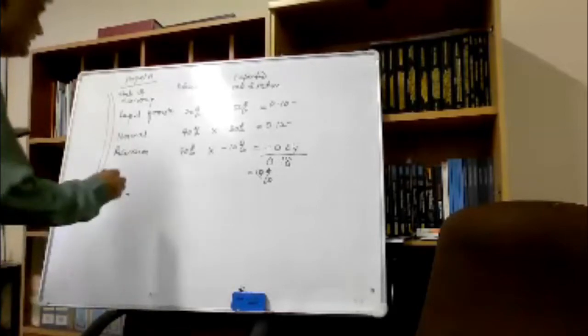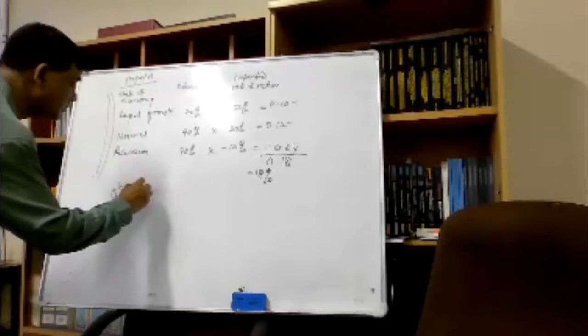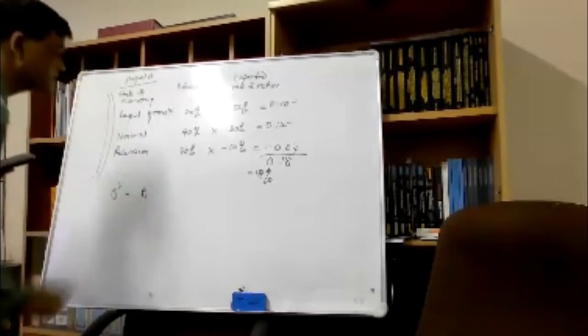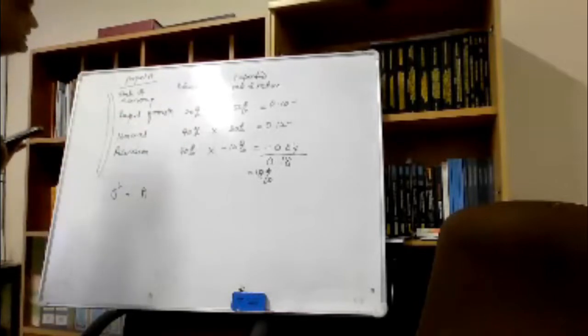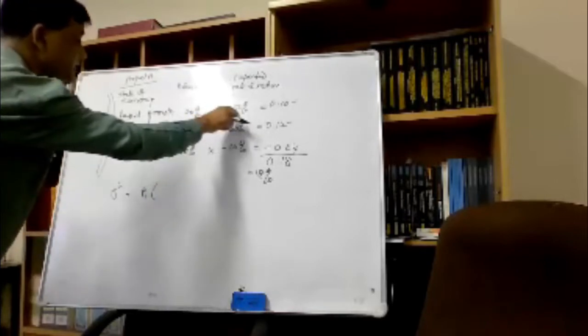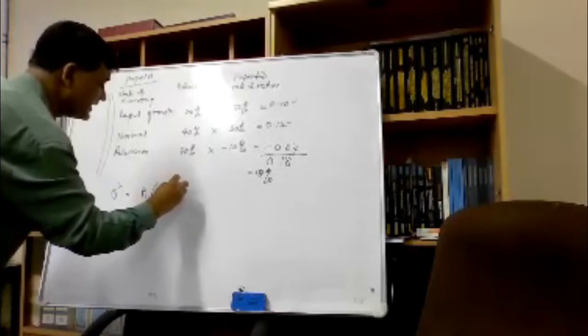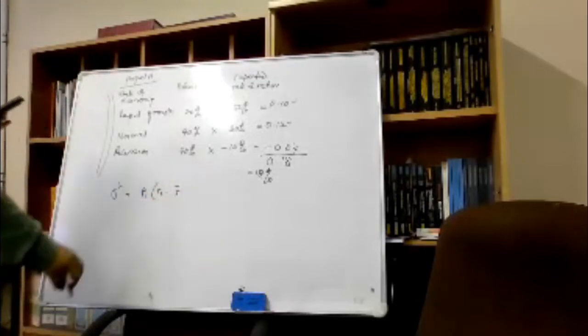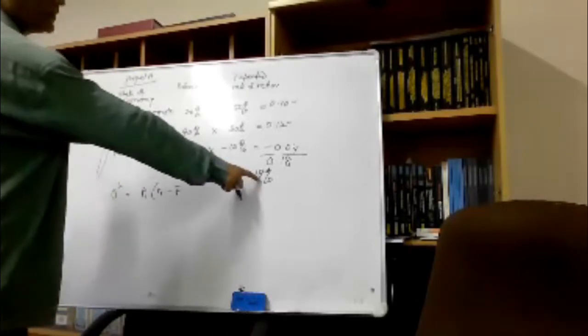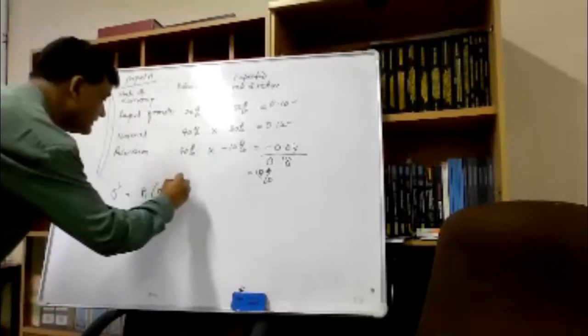So the formula would be: I use probability 1 as P1, the expected rate of return as R1, minus R bar. R bar is the expected rate of return of the project. Here we have already calculated it, we'll be using that.